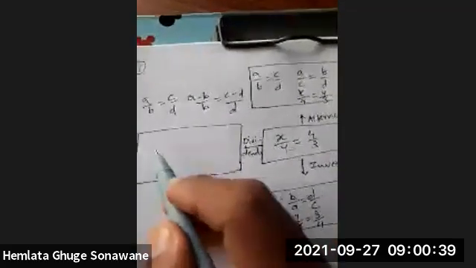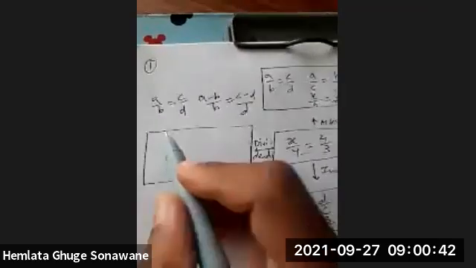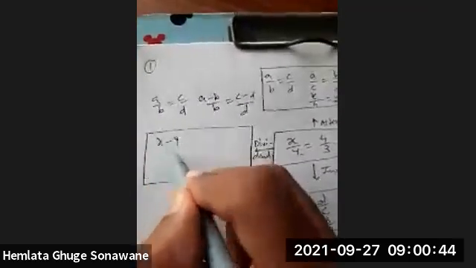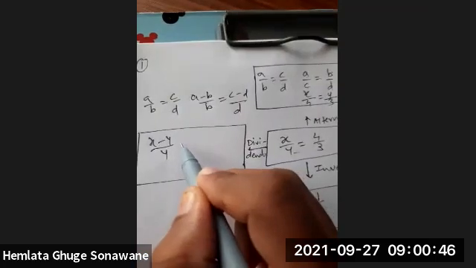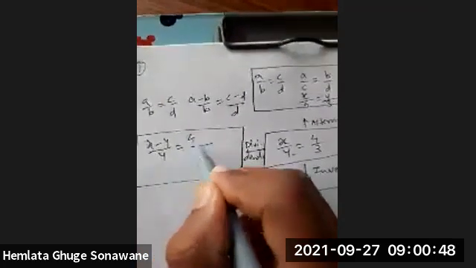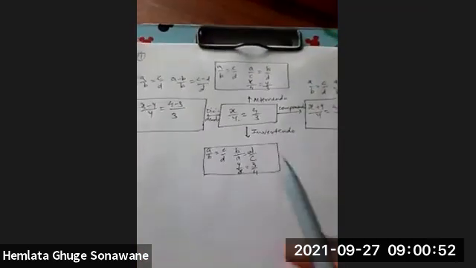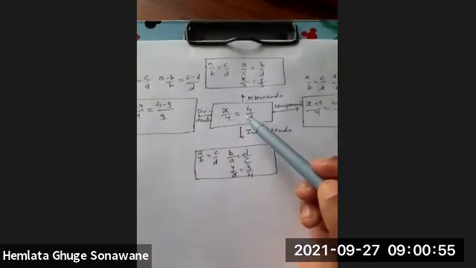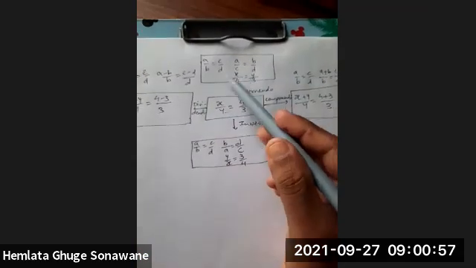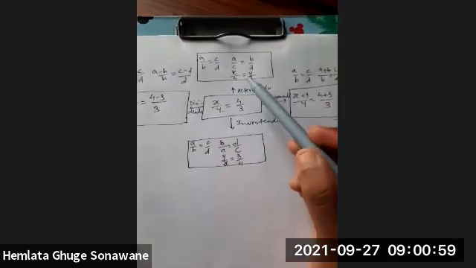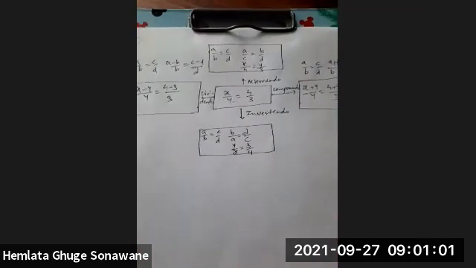Yes, beta. X minus y upon y, and 4 minus 3 upon 3. Very good. If this type of question is given in your question paper, then you have to apply the property and write down the answer.